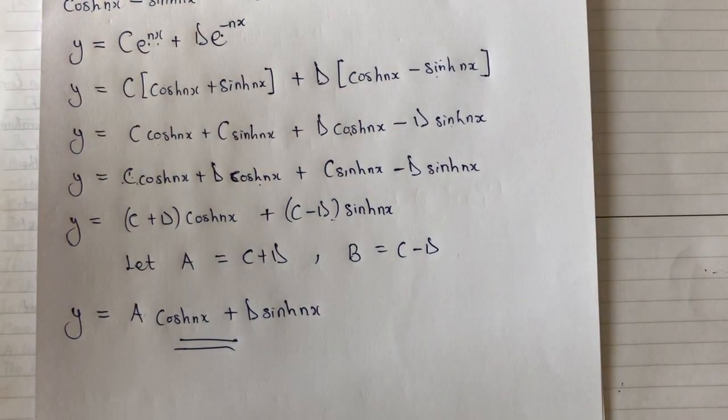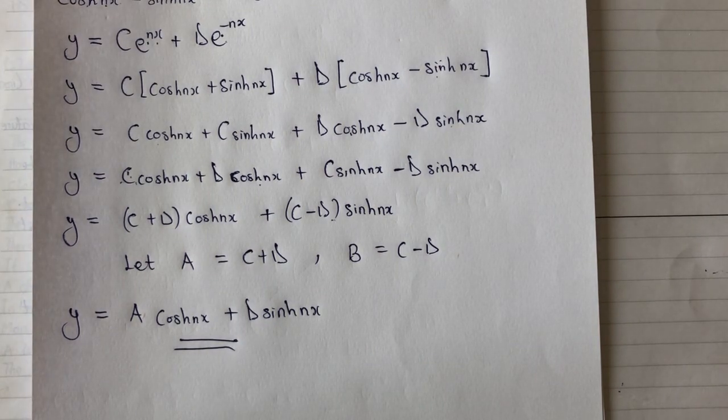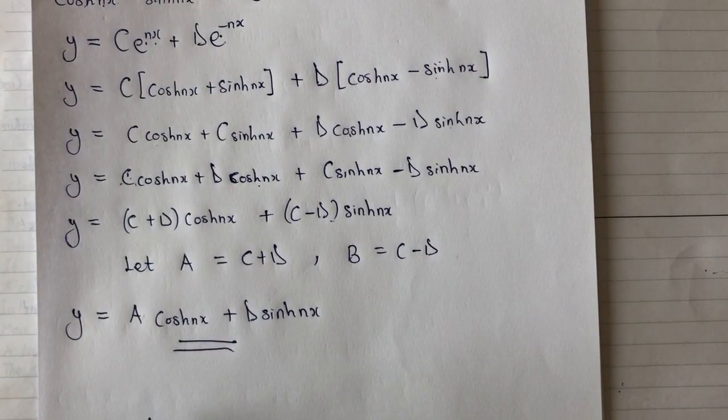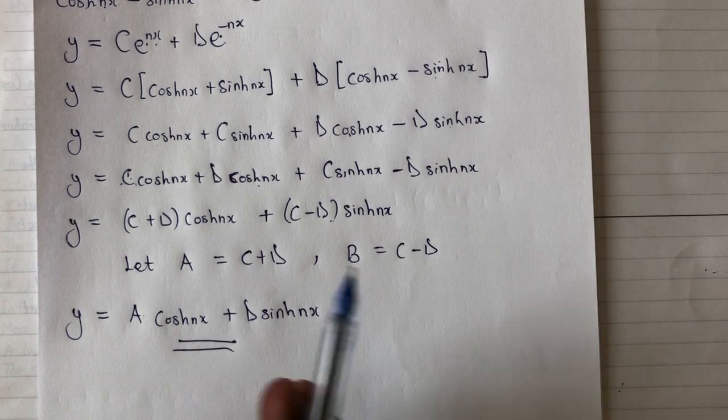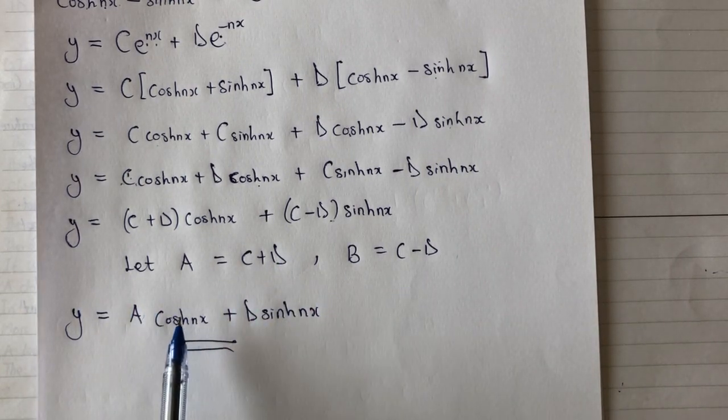So I have proved to you the reason why the general equation, when the root of the auxiliary equation is real, and the complex side is 0, is this general solution.